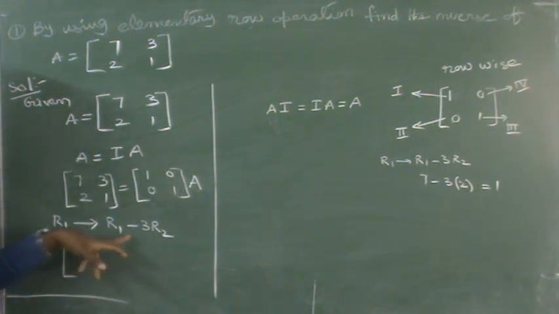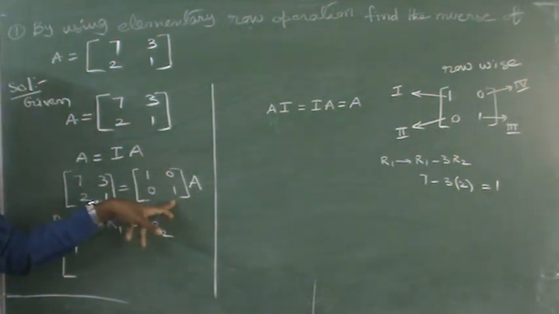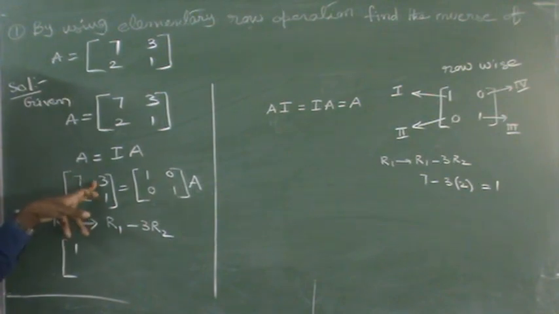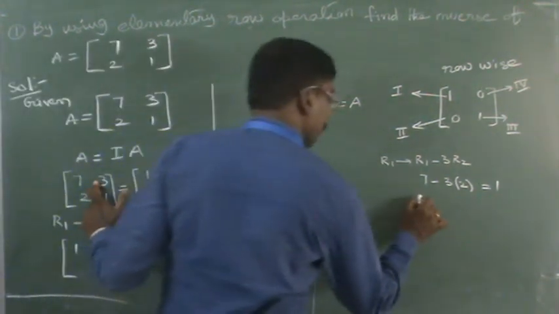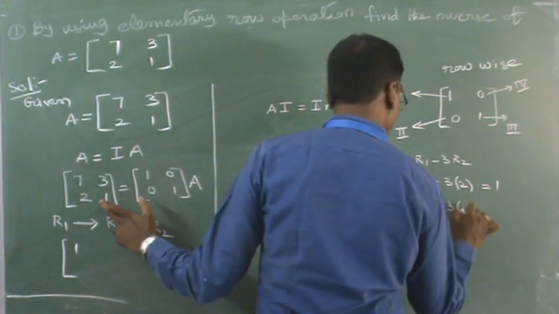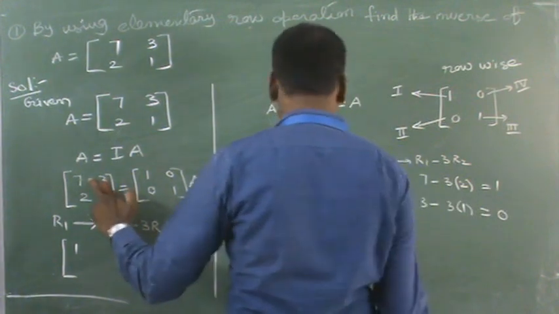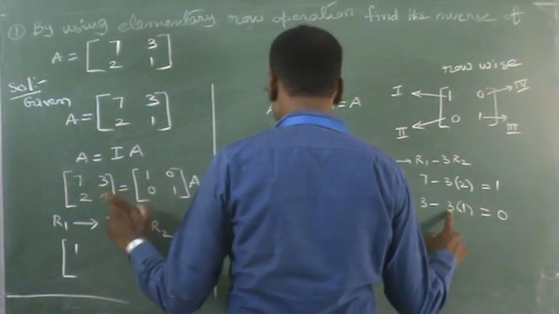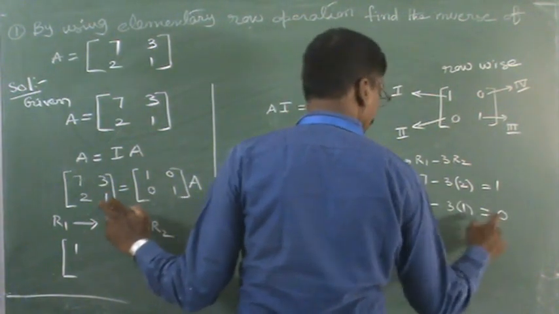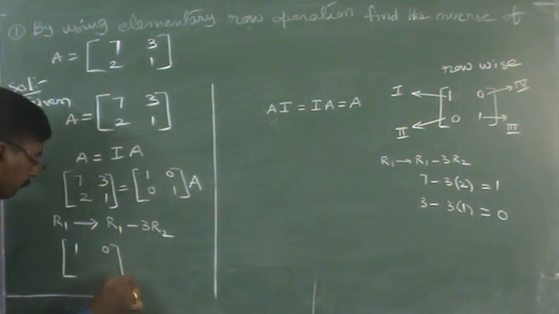The same elementary transformation is applicable for all the elements, not only one element. Next, 3 minus 3 into 1. What answer will come? 0. The value coming is 0.